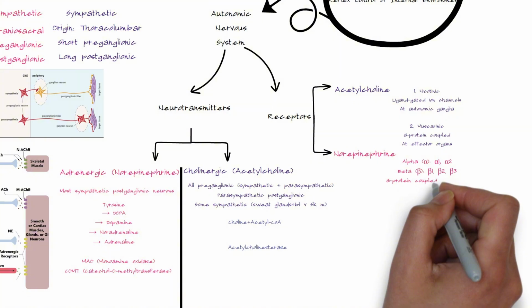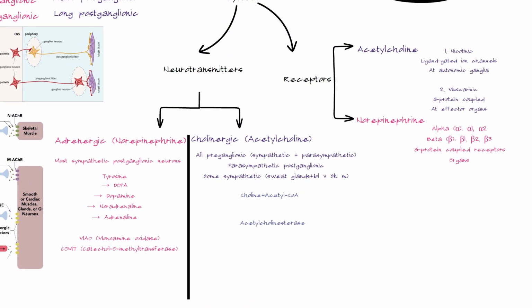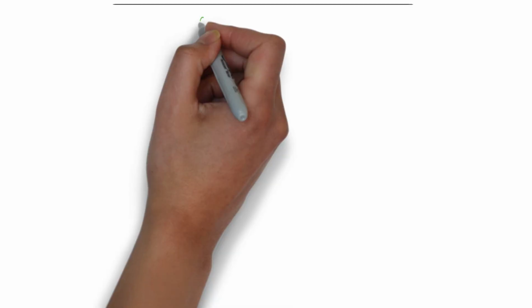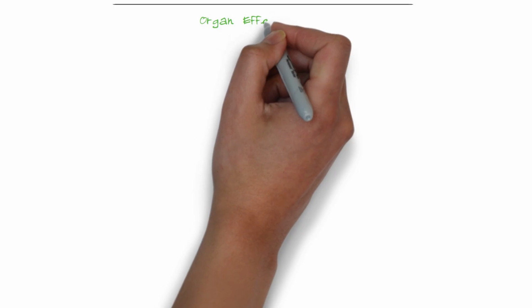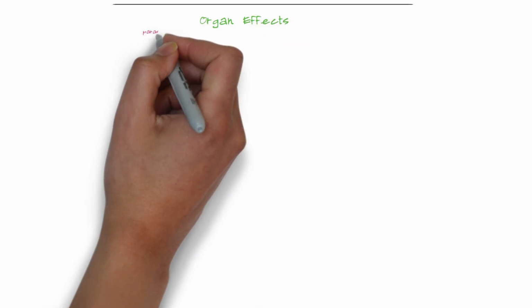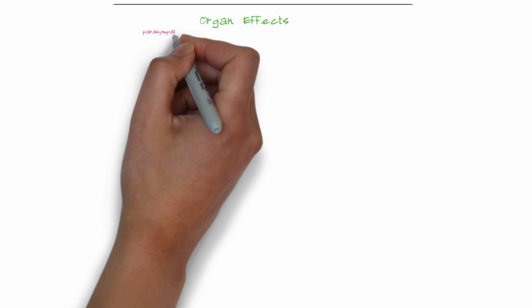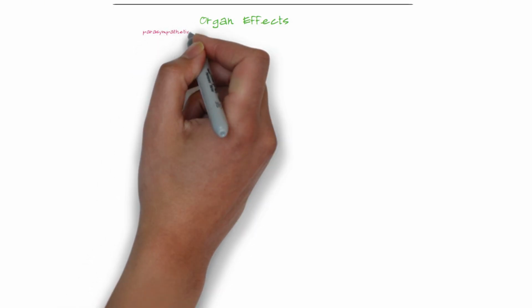Now let's talk about the effect of sympathetic and parasympathetic from above downward. For the eye, sympathetic causes pupil dilatation, while the parasympathetic causes pupil constriction. For the bronchi, it is dilated by the sympathetic, constricted by the parasympathetic.